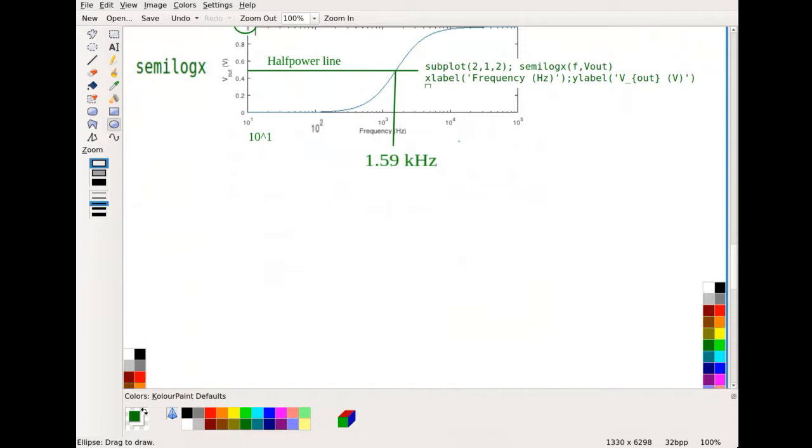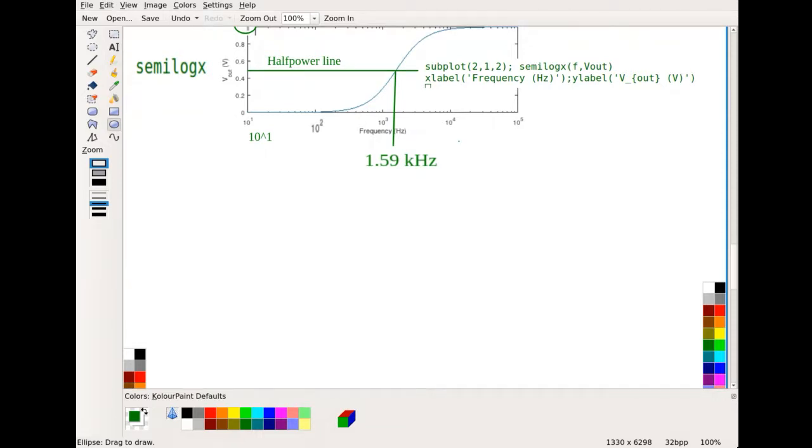The computer's kind of slow responding. I should have shut some of these windows before I started. There's my figure.